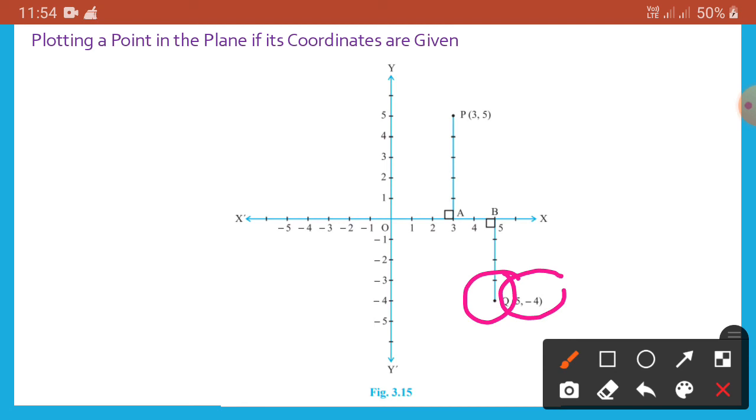Because the distance of point Q from the x-axis is 4 units in the negative y-axis direction. And the distance of the point Q from the y-axis is 5 along the positive x-axis, so its x coordinate is 5. So the coordinates of the point Q are 5, -4.